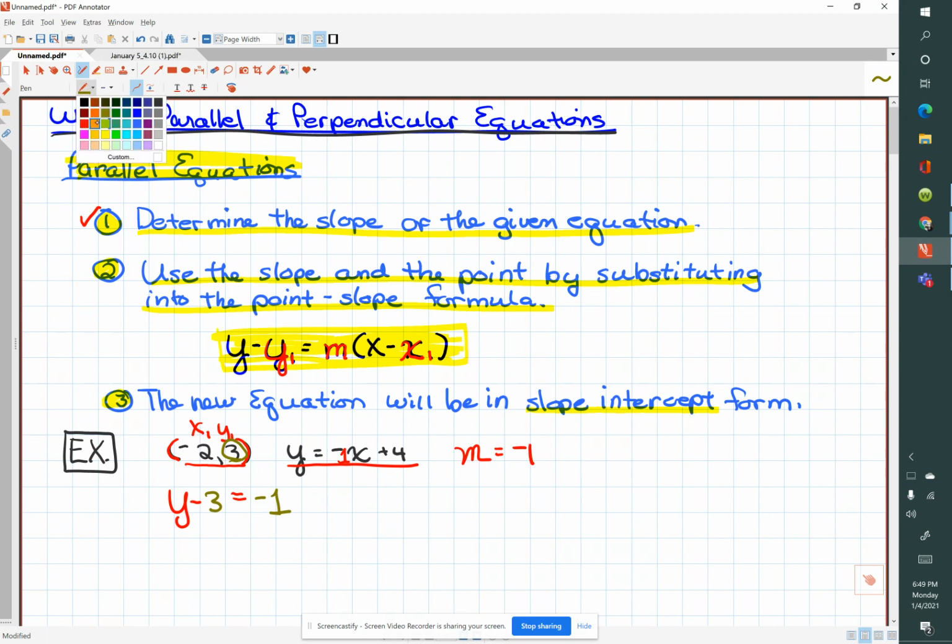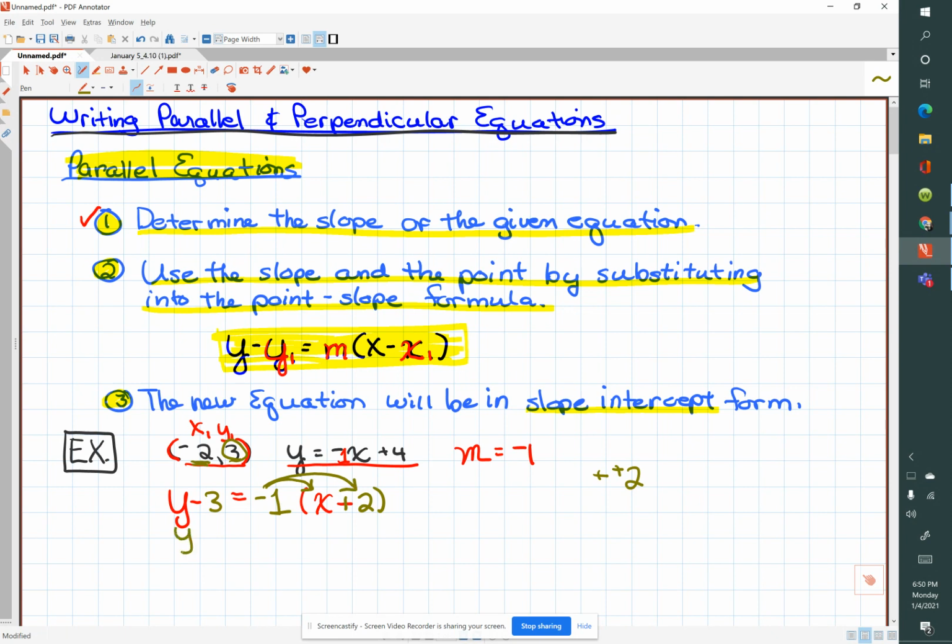Times the quantity of x minus x1, and our x1 is a -2. But when we subtract a negative, we make it positive. So that will become x plus 2. And then this becomes an invisible 1. So then we just solve this. So first we distribute.